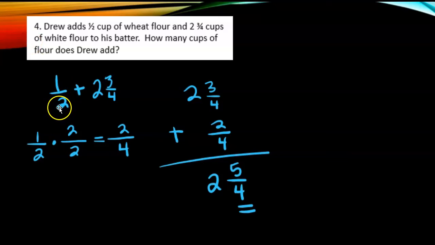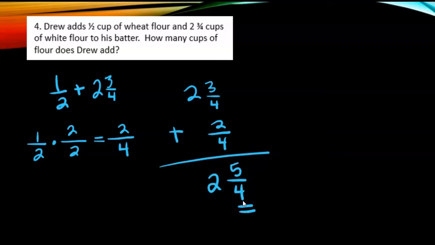We have to have common denominators for our fractions before we can add them. I'm going to take the 1/2 and change that so it's a denominator of 4. My copycat fraction then will be 2/2. I make my copycat fraction, then I add them together, and I get 2 5/4.